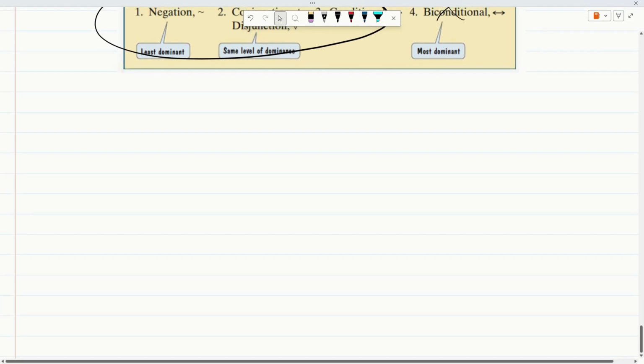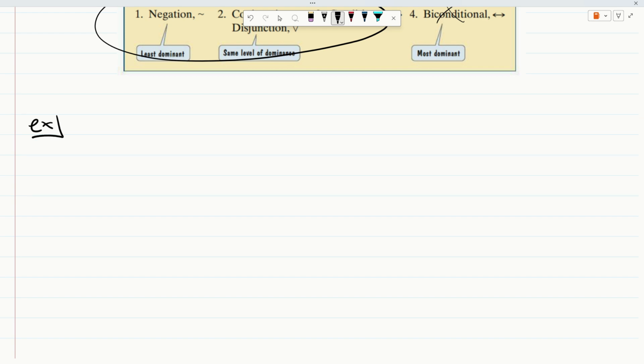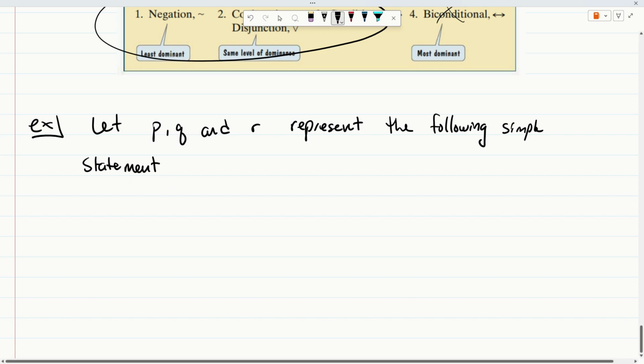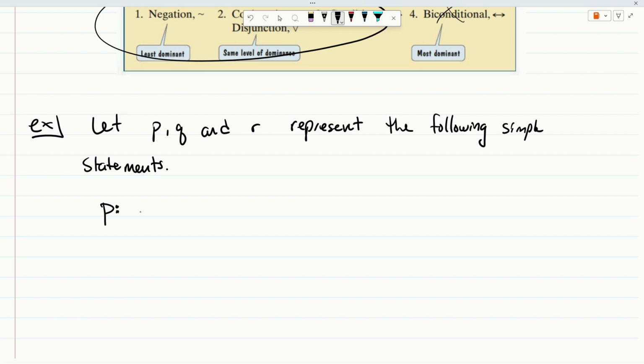So let's look at this example here. We're going to let P, Q, and R represent the following simple statements. P is going to stand for a student misses lecture.